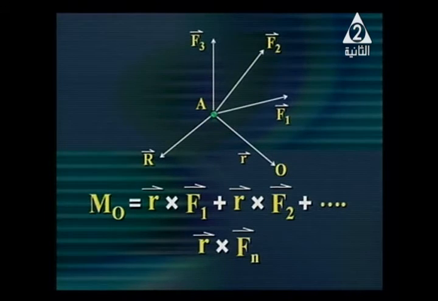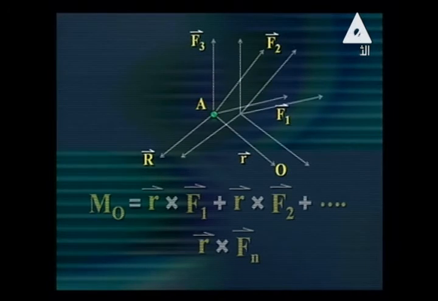By taking the common factor, we write the moment equals R cross the bracket containing the vector F1 plus F2 plus Fn.